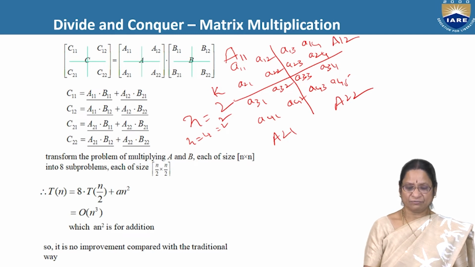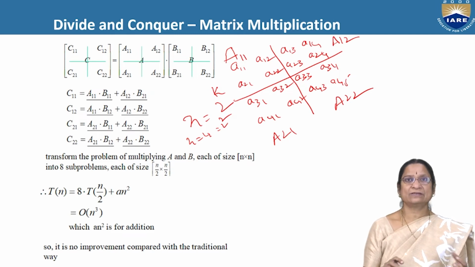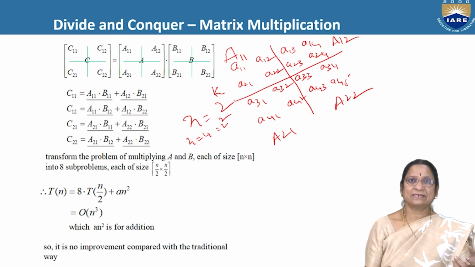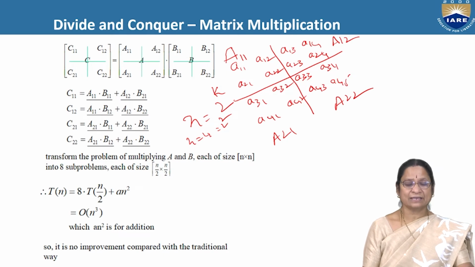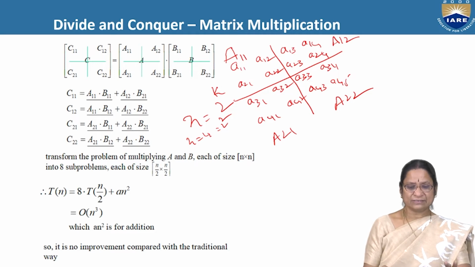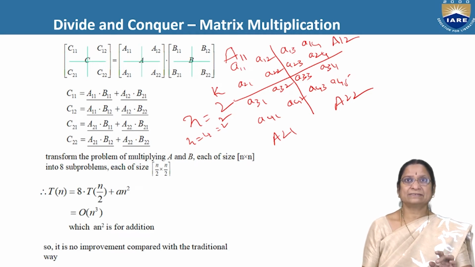This A11, A12, A21, A22, again, if you consider these as single elements, then it is again a 2 by 2 matrix, and we can use the same thing. Similarly, each matrix is represented as C11, C12, C21, C22 and A11, A12, etc. When you use these uppercase letters, each of them is a 2 by 2 matrix.